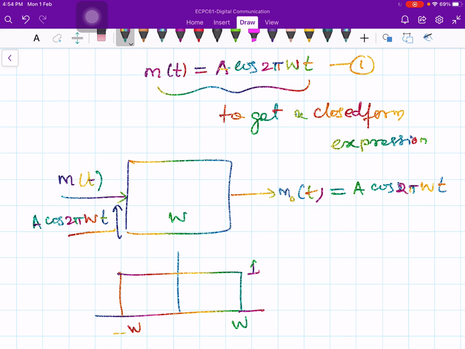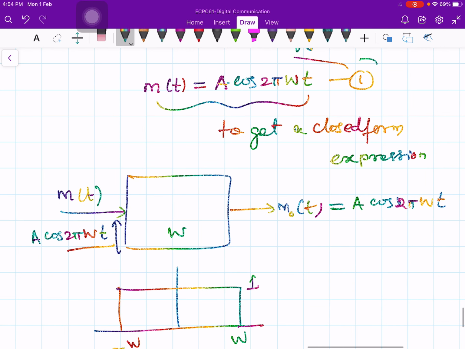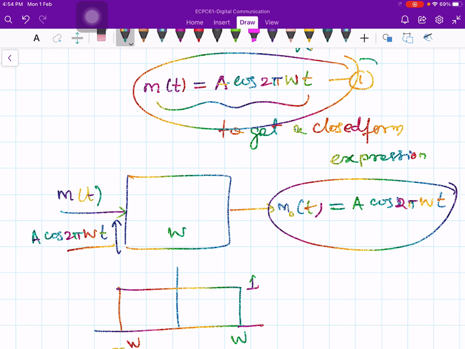If your original delta modulated signal was this one, at the output of the low pass filter the signal component will continue to be like this, assuming this is the low pass filter with bandwidth W. That is, it allows frequencies up to W to go through.